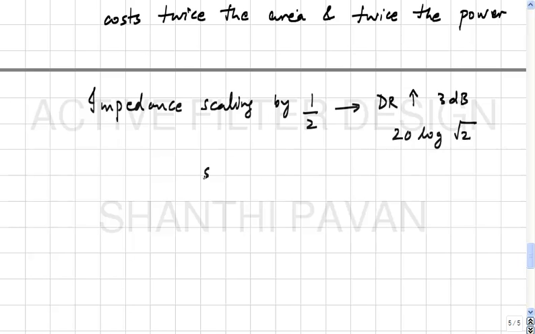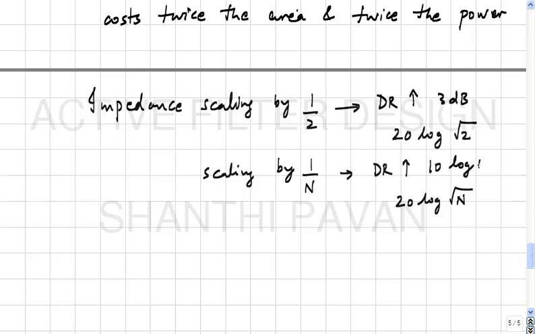So for impedance scaling by 1 by n, the dynamic range must increase by 20 log root n, which is 10 log n dB. Does it make sense?